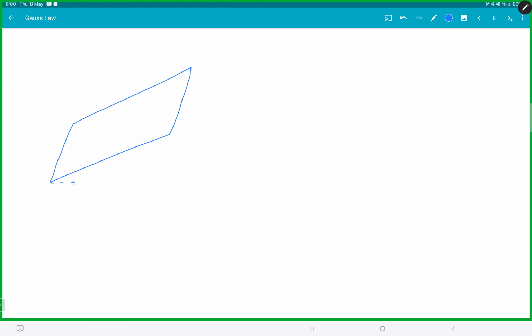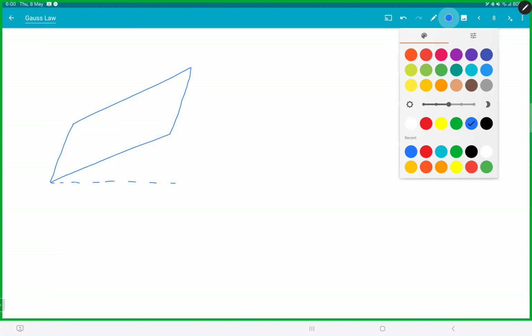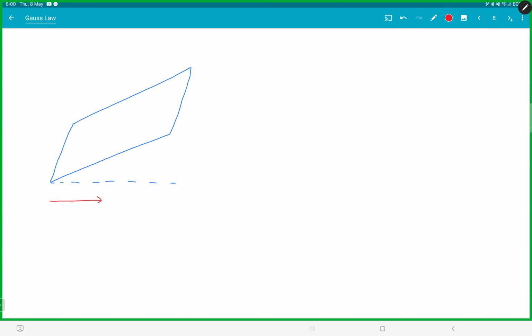Look at this. At a distance x, you could take a small dx. This is the element you're talking about. Again, I'm exaggerating the element. It will be very small. This length will be how much? This will be dx by cos theta.